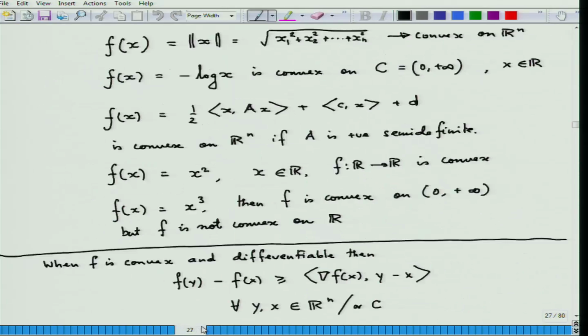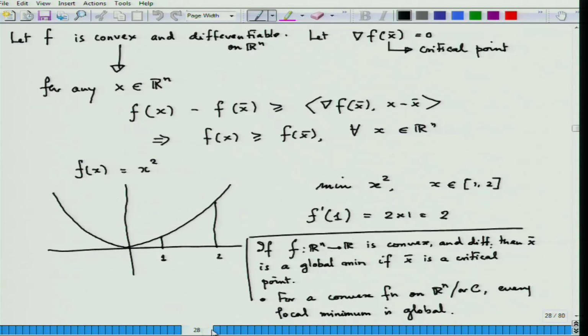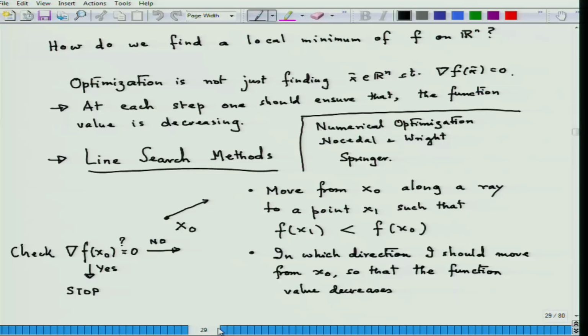We have studied a bit more about convexity. We have given a list of examples of convex functions. Here we have the famous quadratic function. Then what would happen if it is differentiable, and the fact that for a convex function every critical point is a global minimum, and then we came to line search methods. That is enough for us to know.